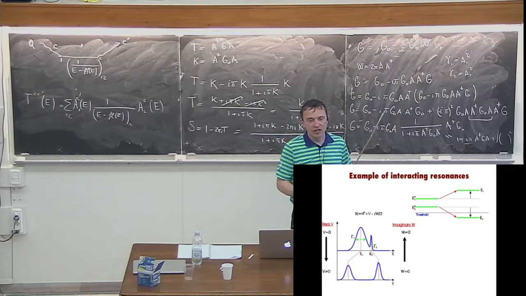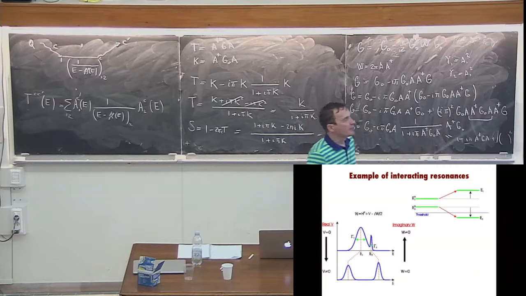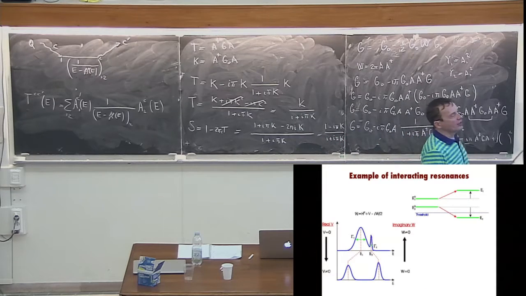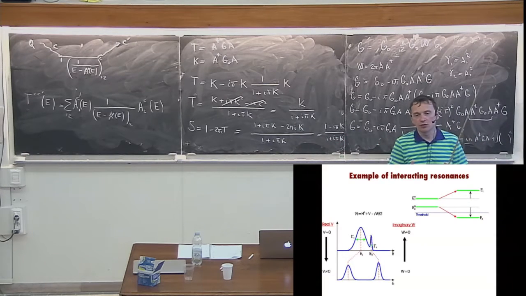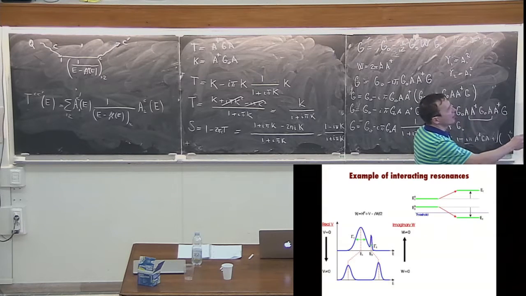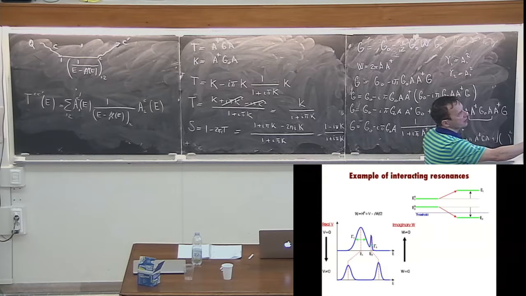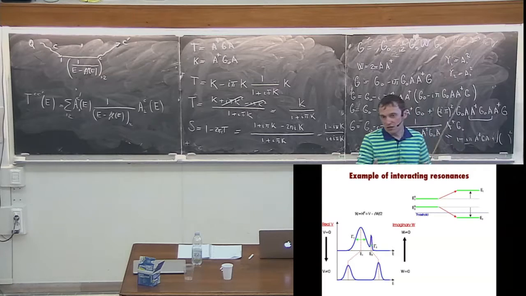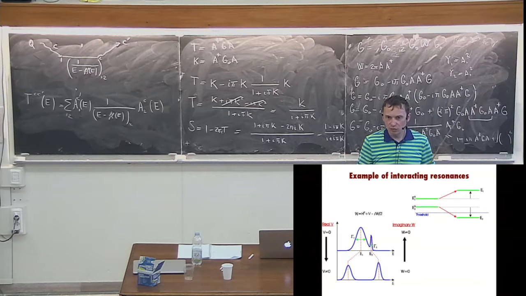What happens is, when you have two resonances in this form, if you increase the real part of the interaction between these two resonances, as shown here, then the resonances will be pushed away from each other. It's like the standard Wigner repulsion again. If you increase the real interaction between states, the states get pushed apart.